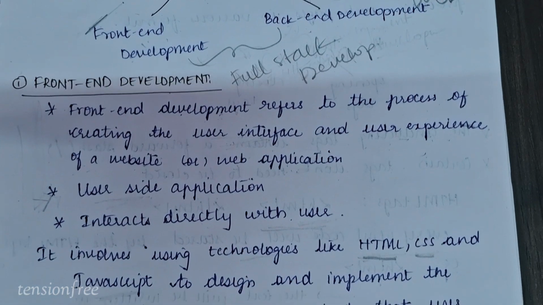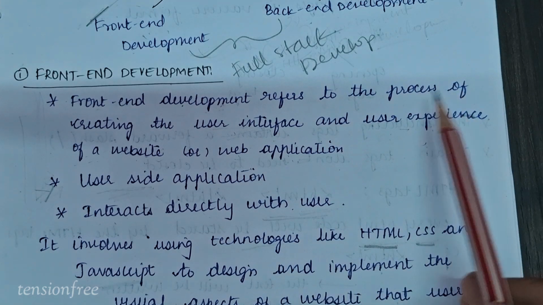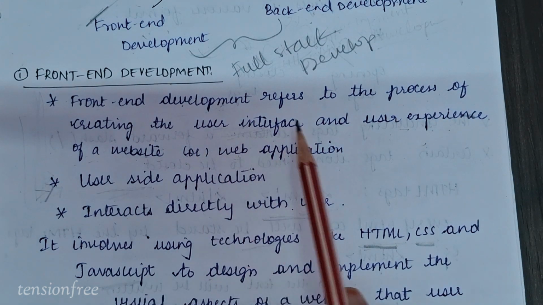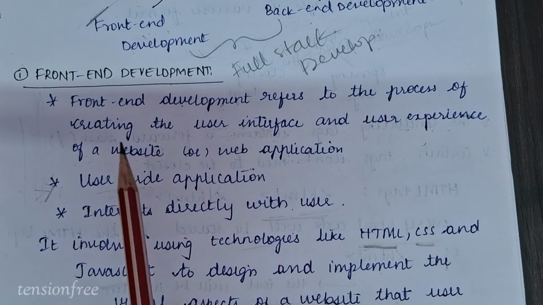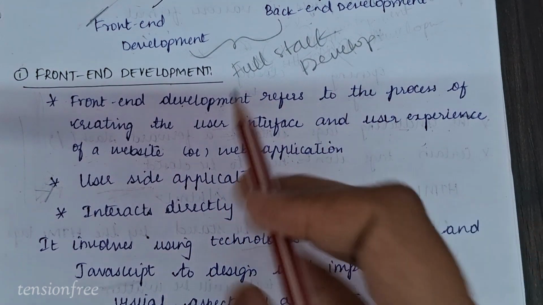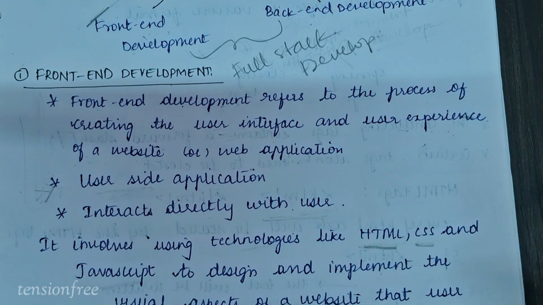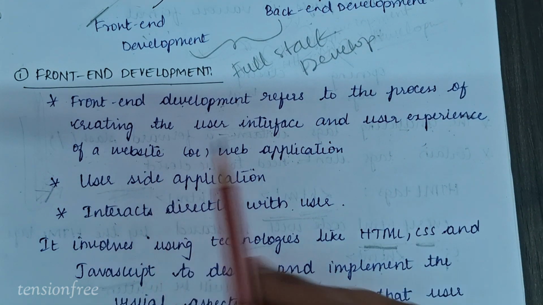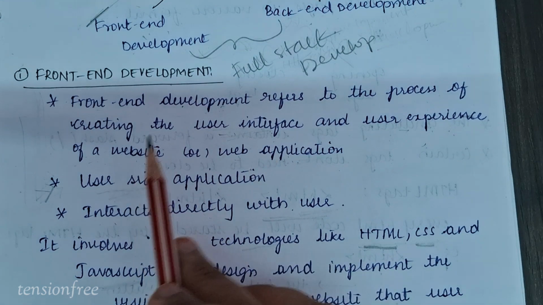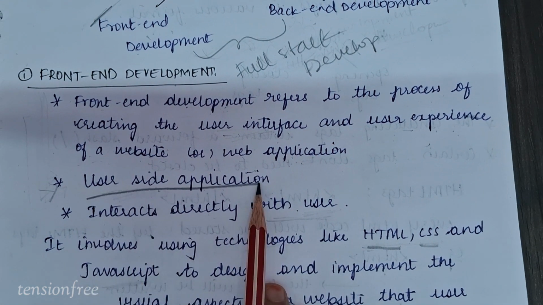The definition of front-end development: it refers to the process of creating the user interface and user experience of a website or web application. By using the user interface and the user experience, we create web pages and web applications. So it is called a user side application.